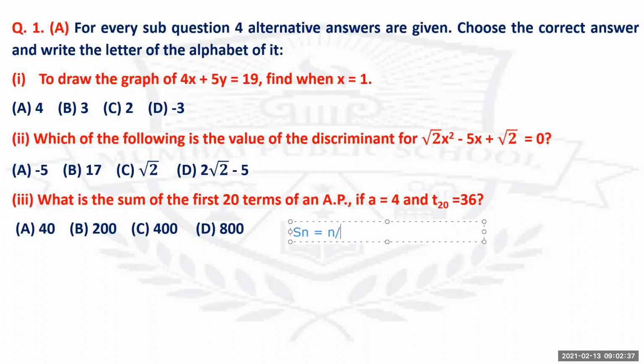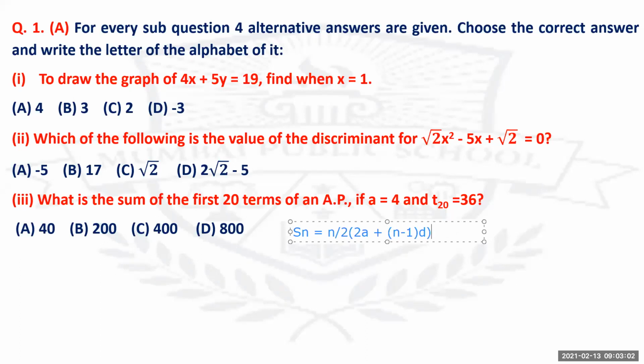Sn equals n upon 2 in bracket 2a plus n minus 1 into d.